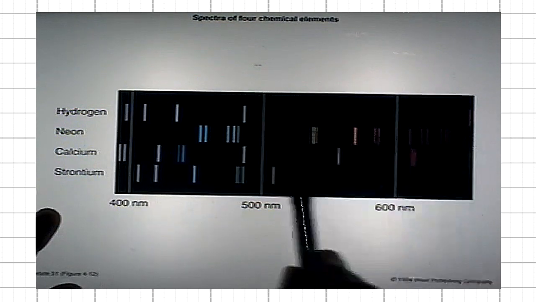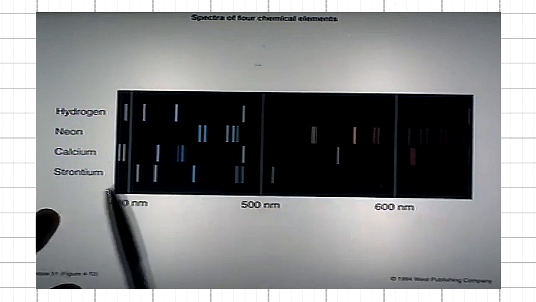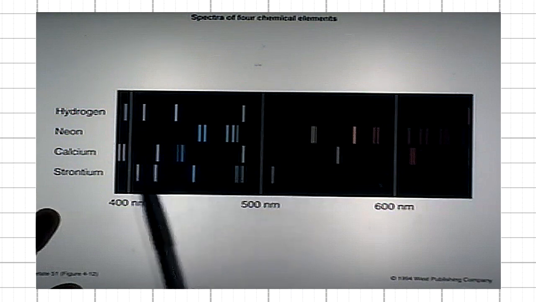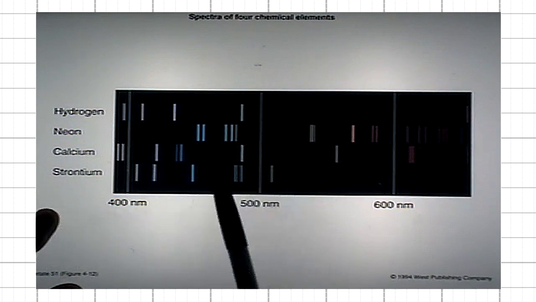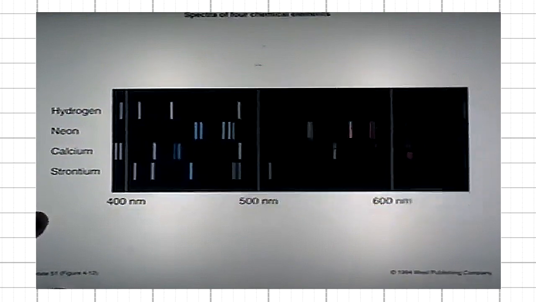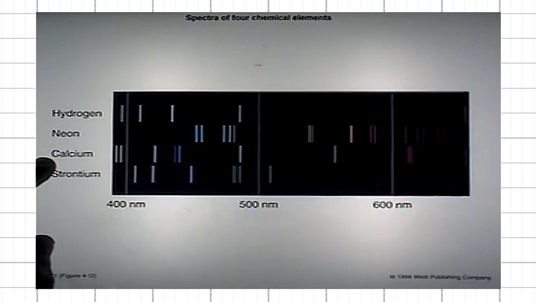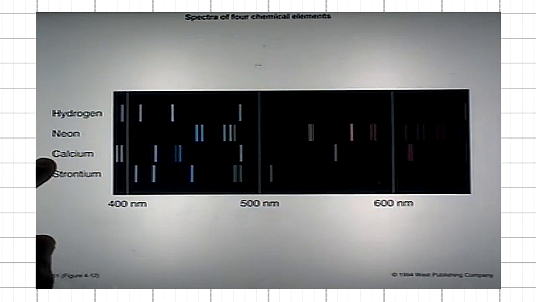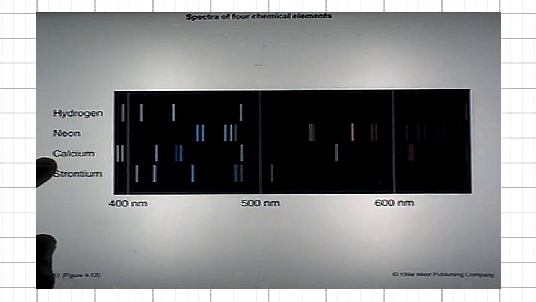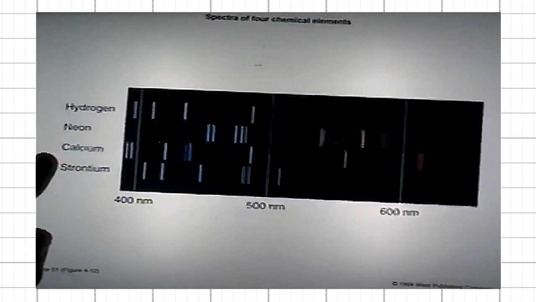Here are the spectral lines of neon, the spectral lines of calcium, spectral lines of strontium. And you see that all these spectral lines are different. So the spectral lines, either emission or absorption, actually serve as fingerprints of chemical elements in the atmosphere of the star.